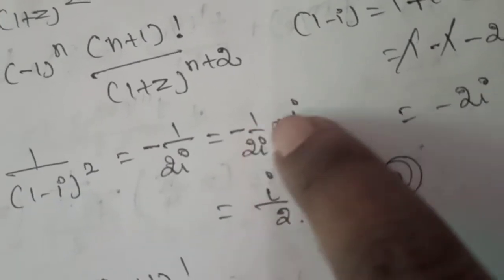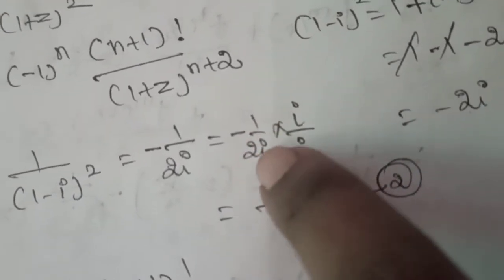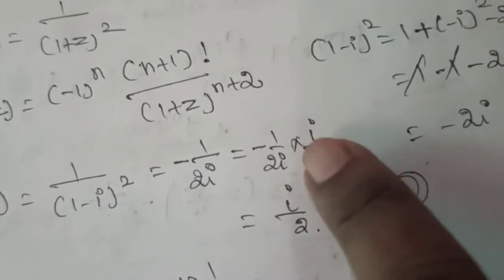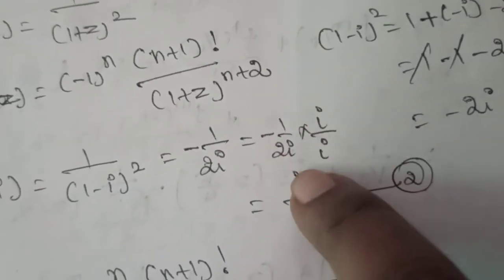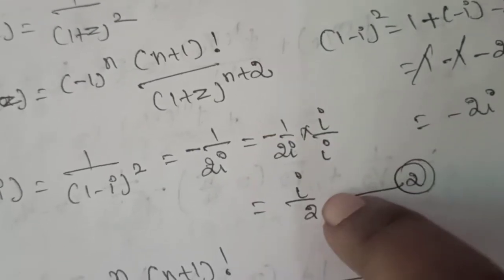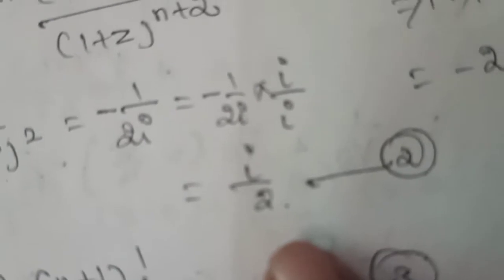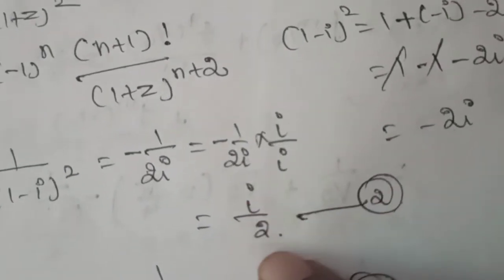That gives minus i divided by 2 into i times i, and i^2 is minus 1. So the numerator is minus and the denominator is minus, the minuses cancel, and finally the answer becomes i divided by 2.